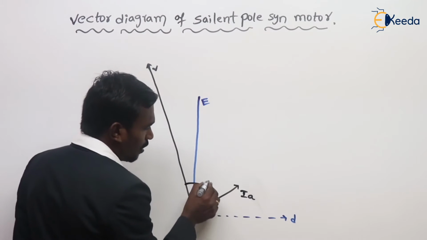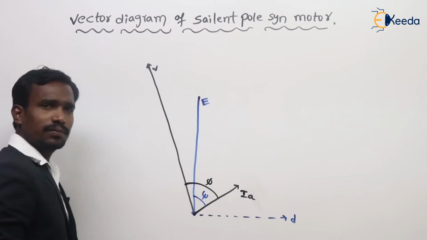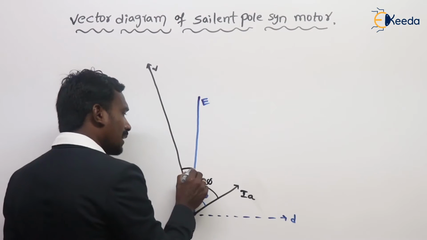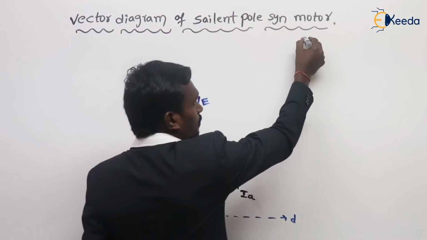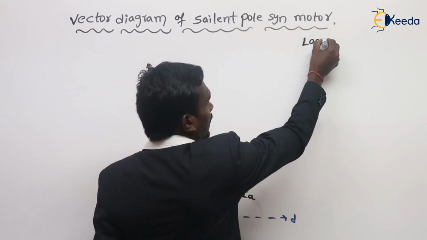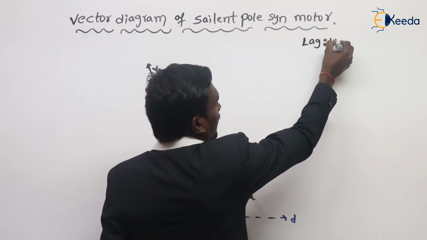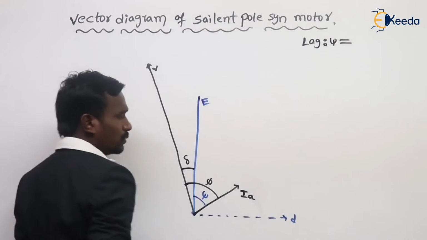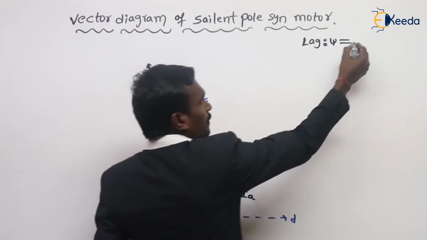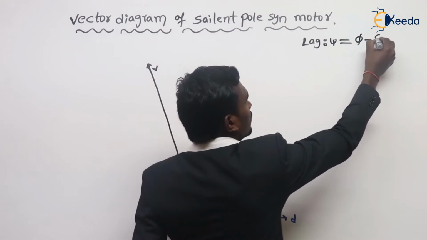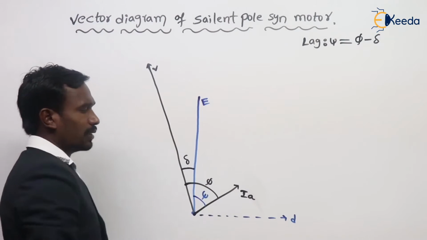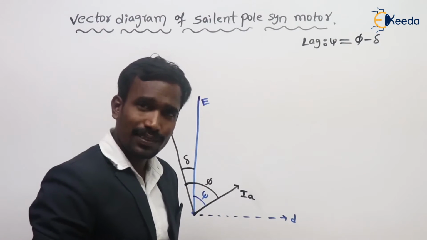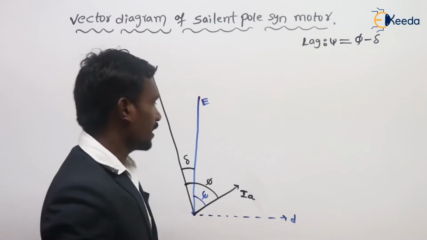This angle is called the power factor angle phi, and this angle is called the load angle delta. So in a synchronous motor, for lagging load, the internal angle psi equals the power factor angle minus the load angle. Is it okay? Right? Next one.